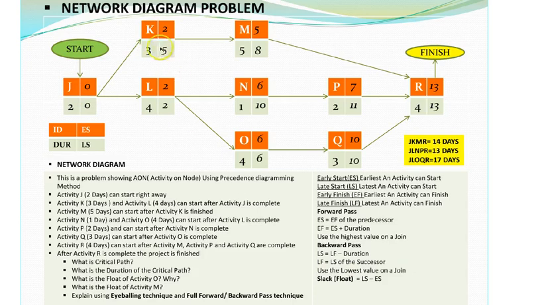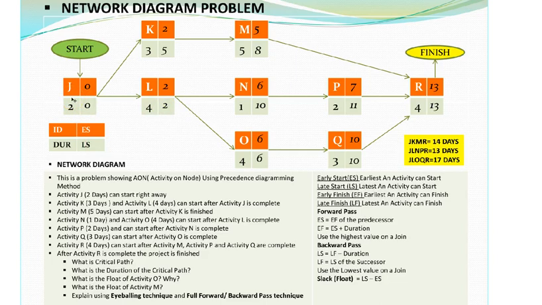So there is 5 and there is 2. The lowest value is 2. So 2 minus 2 will give me a 0. And that completes my backward pass.